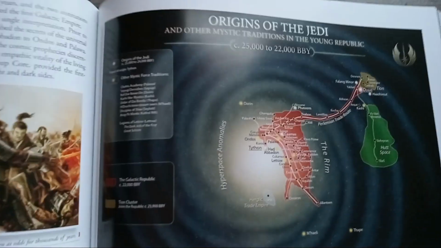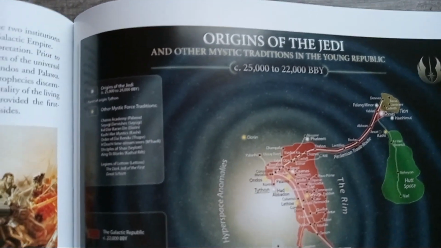And you get a map of things like the Rakata Empire and the conquests of Zim the Despot. Very, very cool. Very nerdy. If you like this, very interesting.